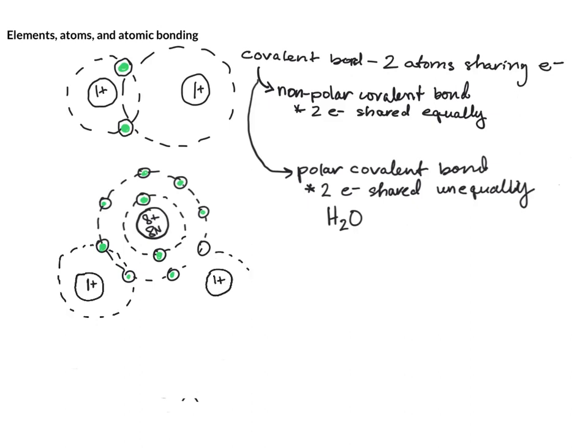So now we draw our other hydrogen shell and the other electron that the hydrogen brings to the party, and now here we are. We've satisfied everybody's Octet Rule. Each hydrogen has 2 electrons orbiting it, and each oxygen has a total of 8 electrons in its valence shell, and the Octet Rule is satisfied.